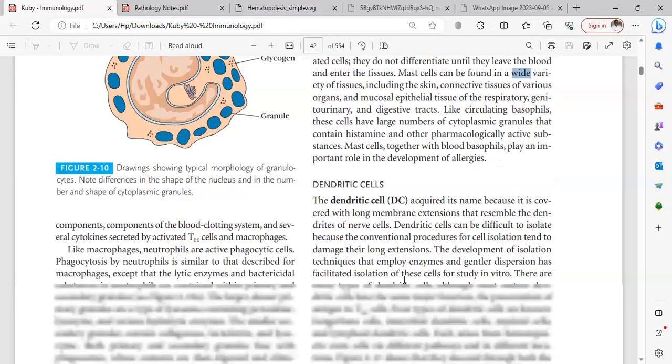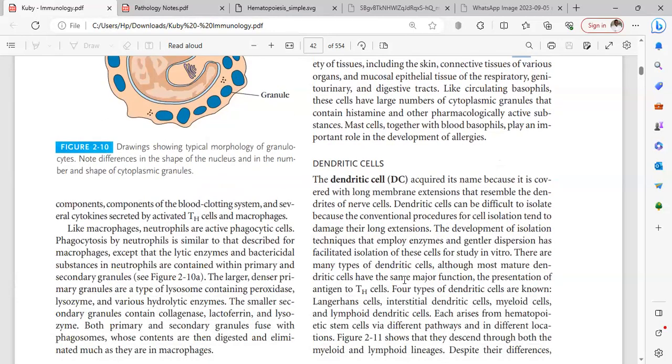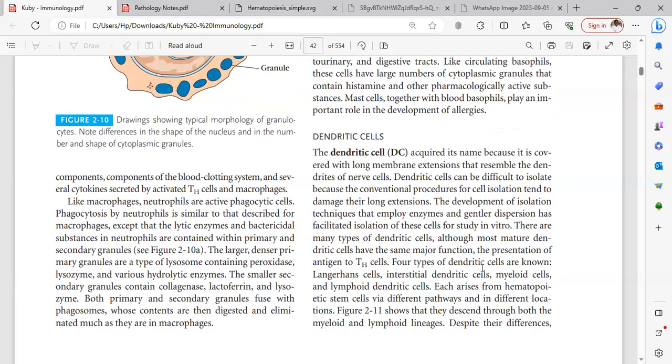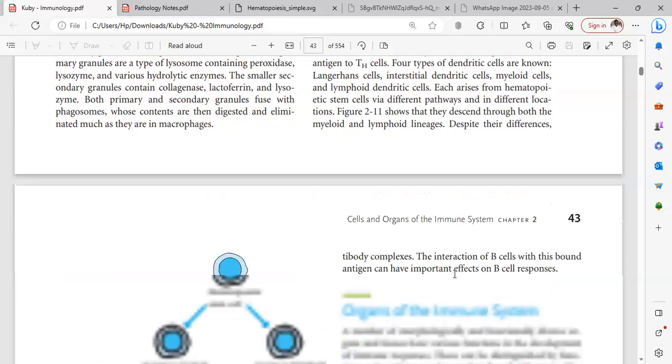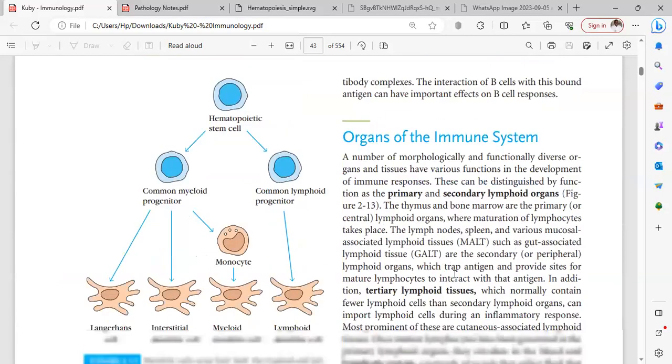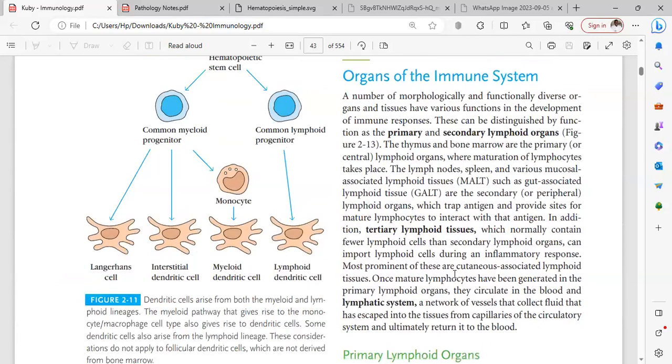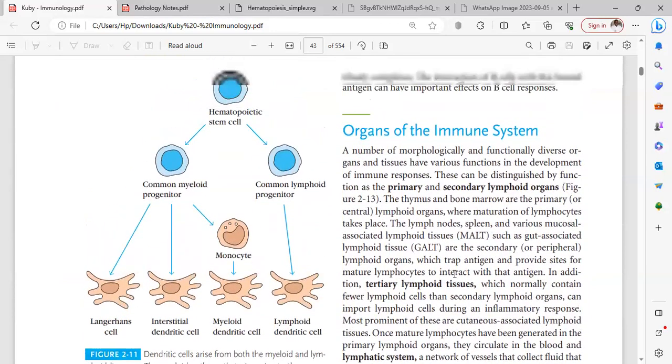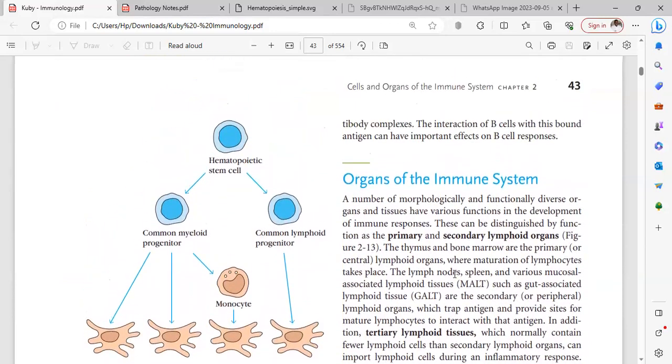And then for dendritic cells, it's an APC, which is an antigen presenting cell. They have 4 different types.